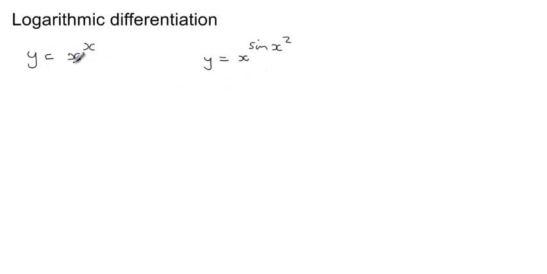Now, how do we tackle this? We have implicit differentiation, we know that. Then what we do is we apply ln on both sides here.